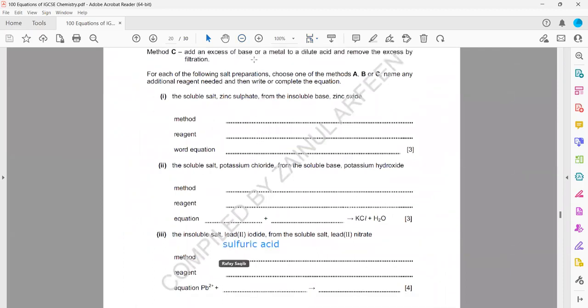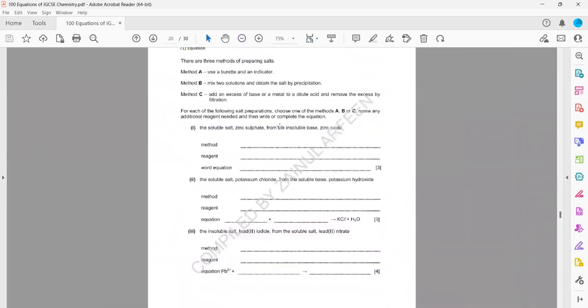For each of the following salt preparations, state the method. The first one, 3 methods are there. Which method will we use if we want to prepare zinc sulfate from an insoluble base?